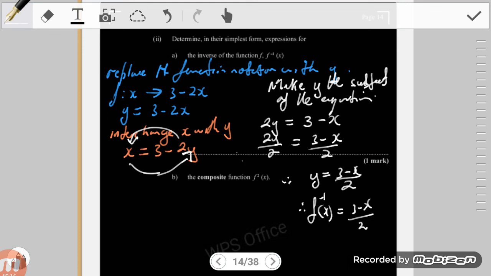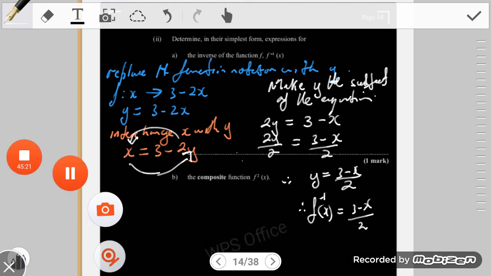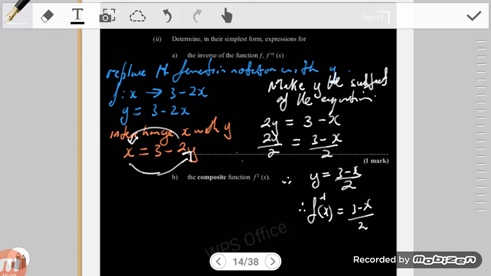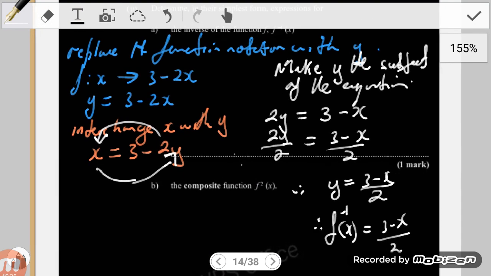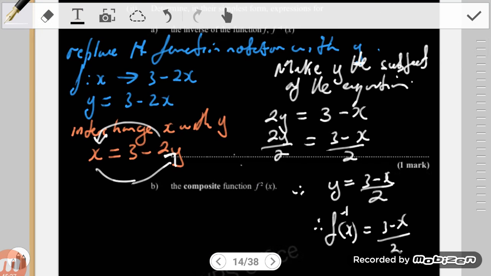Alright, good. So we're going to move on now to the composite function f square x. So we're looking for the composite function f square x. Now what this means, alright, usually we don't see this kind of notation very often. What we most often will see is something looking like f into fx, or fx into f, right?